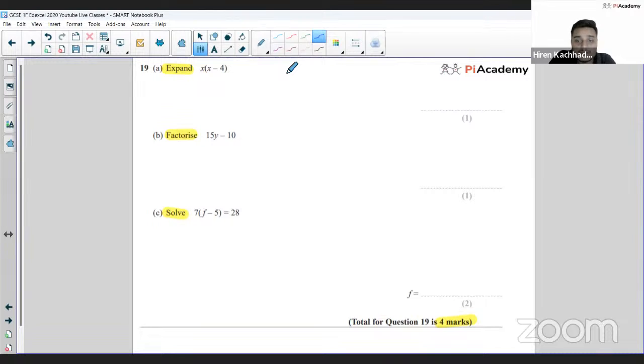Please try to solve this. These are very easy questions. If you are able to solve them, you will get 4 marks.